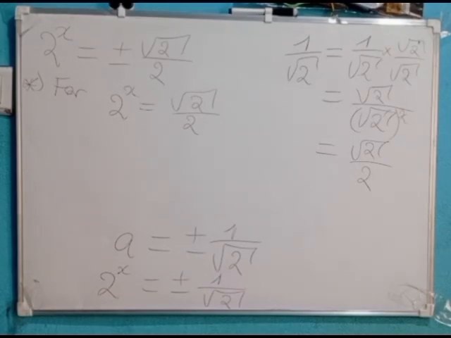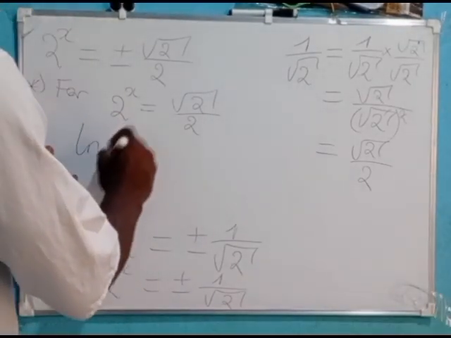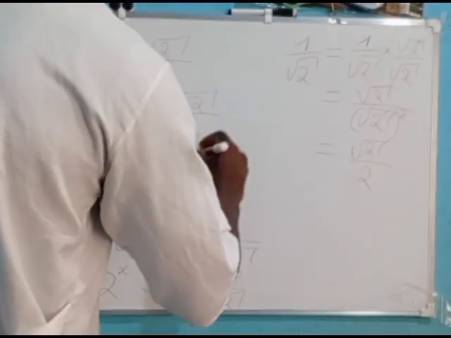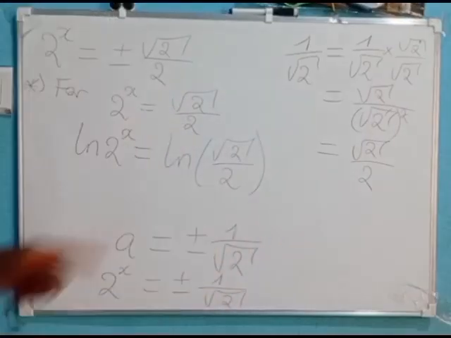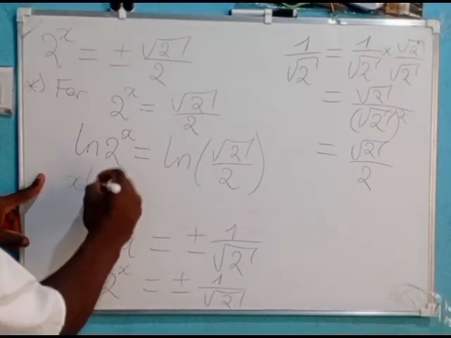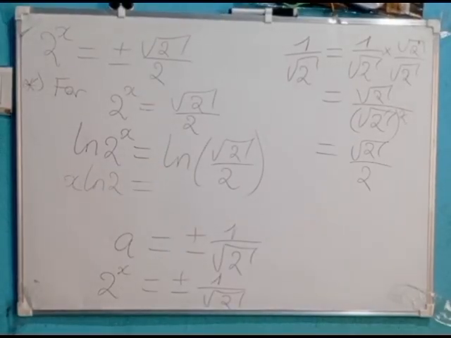And for us to find the value of x, we are going to take ln on both sides. Taking ln on both sides, this will give us the ln of 2 raised to the power x is equal to the ln of root 2 over 2. This will give us x ln 2 is equal to the ln of root 2 over 2.